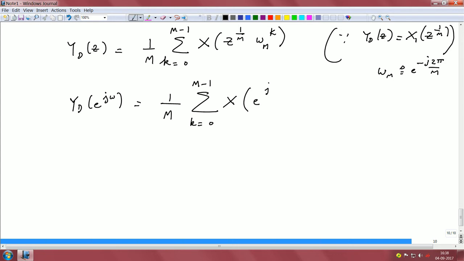And so this is X of e power j times omega minus 2 pi k upon m. So this is what we get for the response of the decimator in the frequency domain.